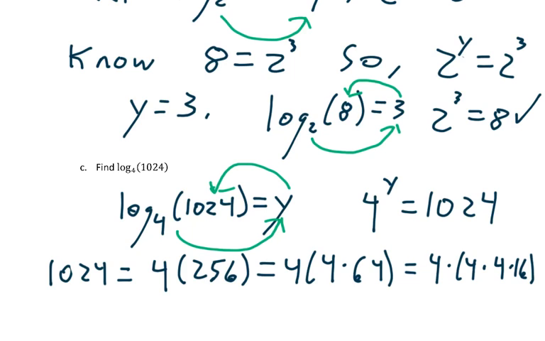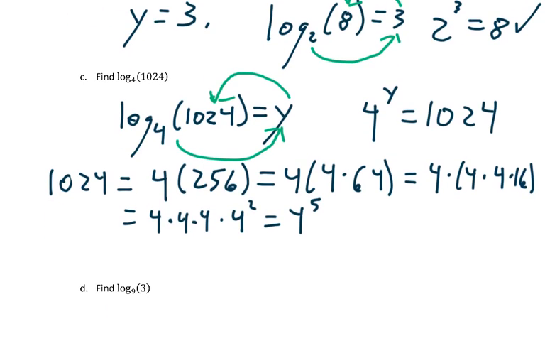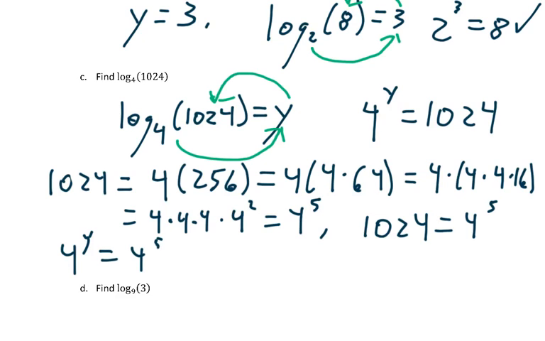And 16 we know is 4 squared, so what we actually have is 4 to the 5th. So 4 raised to the 5th is 1024. Because of that, just like above, we have 1024 is 4 to the 5th, and 4 to the y is 4 to the 5th, and so we get y must equal 5.